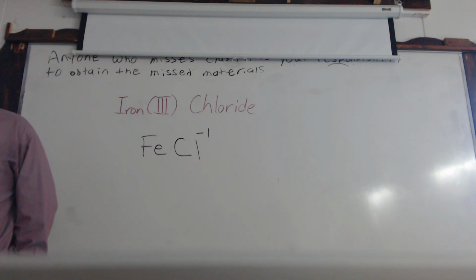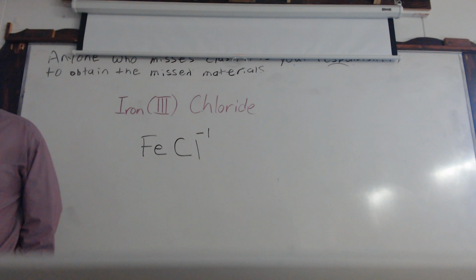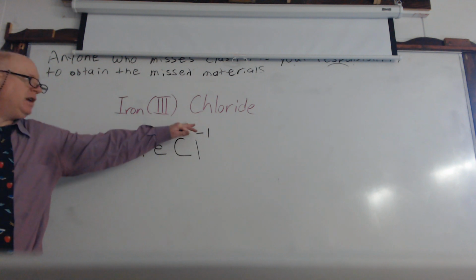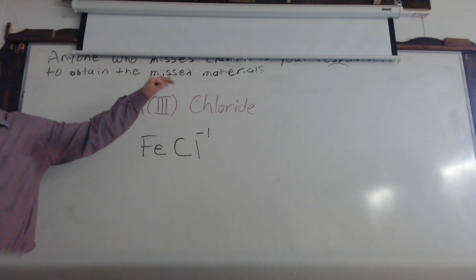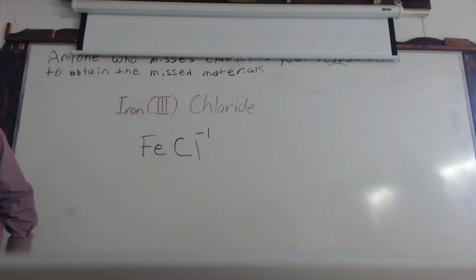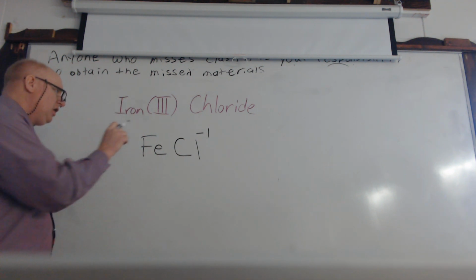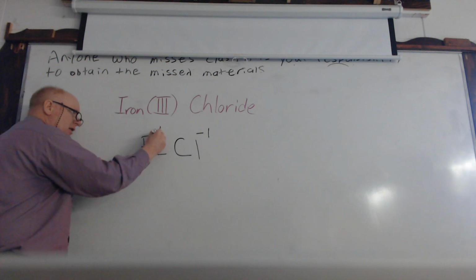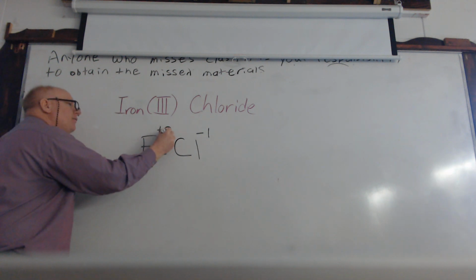That's where Roman numerals are important, because when you look inside of iron's box, what two choices do you have for a charge? +3 and +2. So we're not going to guess, because that's why when you write these out, it's so important. What type of Roman numeral is that? 3. So what do you suppose that's telling you that this has for a charge? +3.